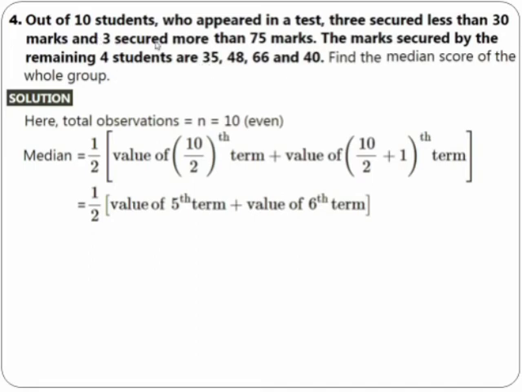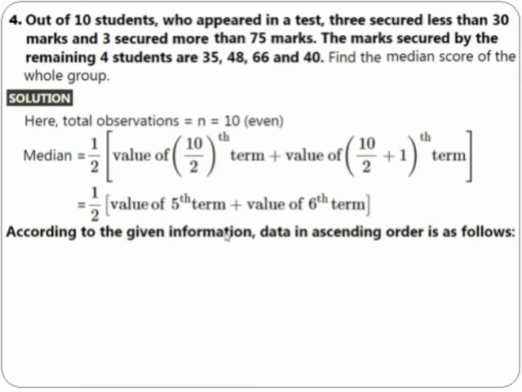Okay, and 3 secured more than 75. So more than 75 means they will come on the right side of 66, since 66 is the highest out of the 4. So the 75 markers will go to the right of the 66 when you put them in ascending order, right? So that's why, according to the given information, the data in ascending order is as follows.